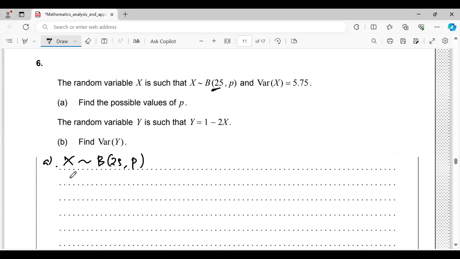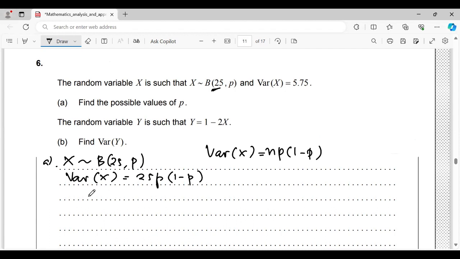So it means variance X equals 25P times 1 minus P. Actually, variance X is N times P times 1 minus P, but N is 25. The formula is like this: variance X is NP times 1 minus P.